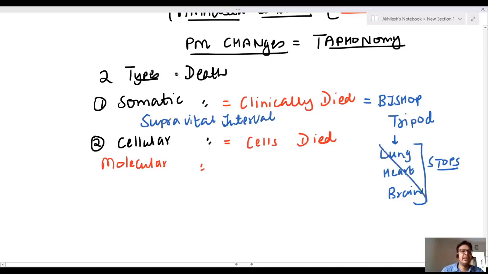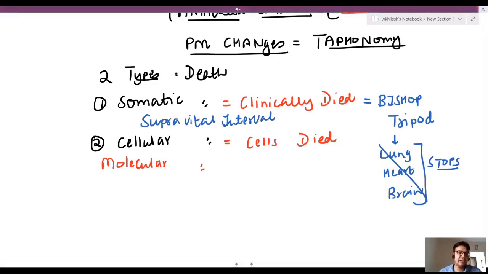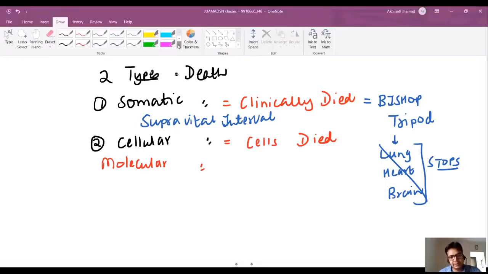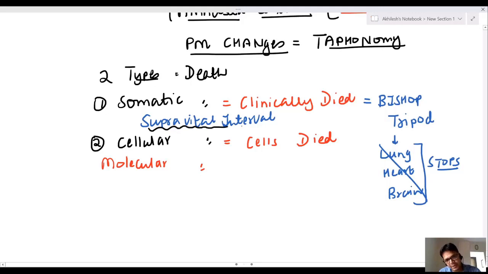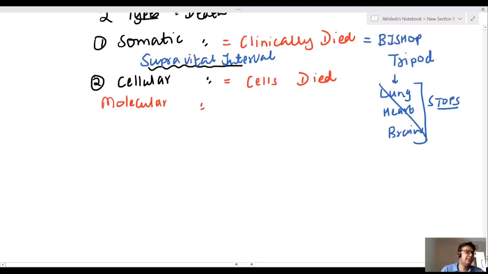Then you are somatically dead. Between somatic and cellular death, you have a time interval. This is known as supravital interval.